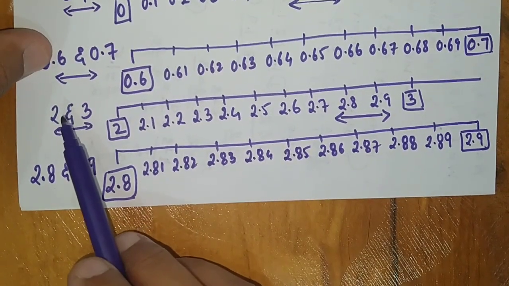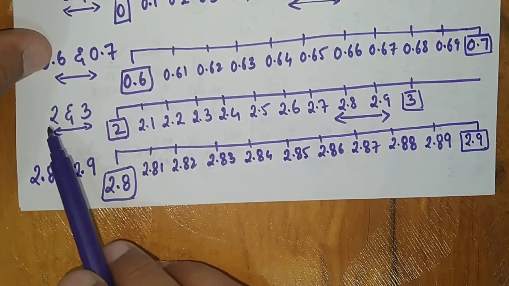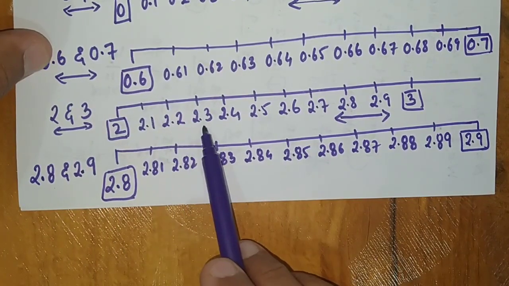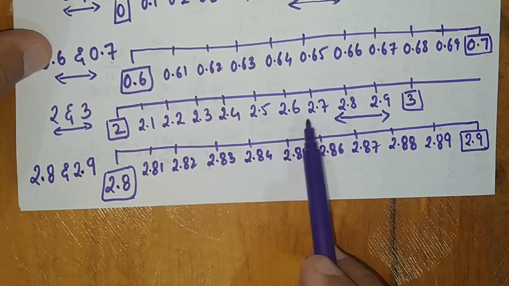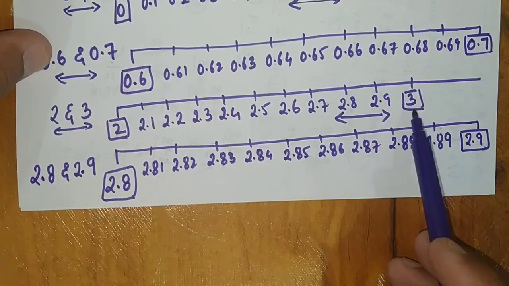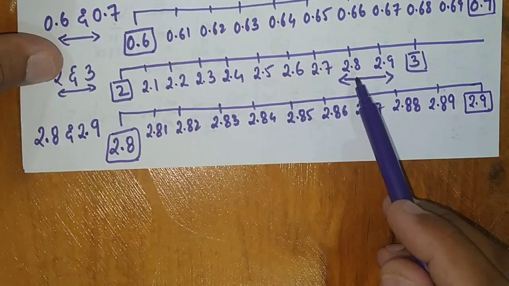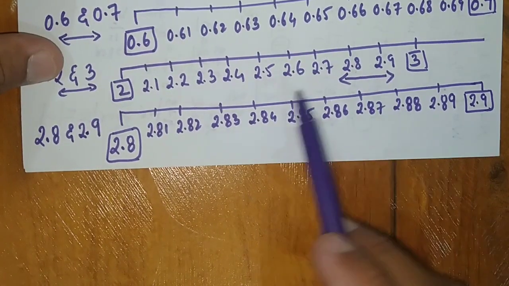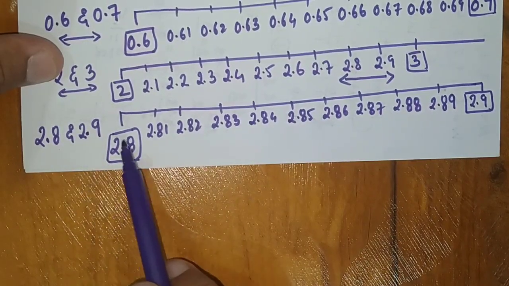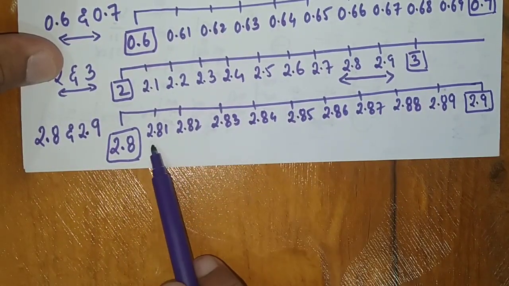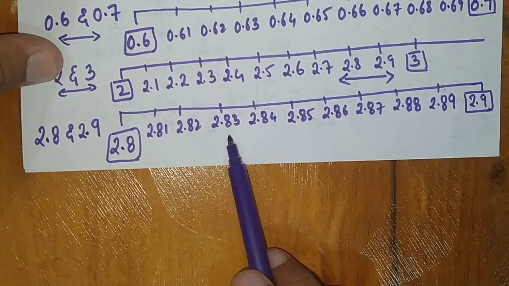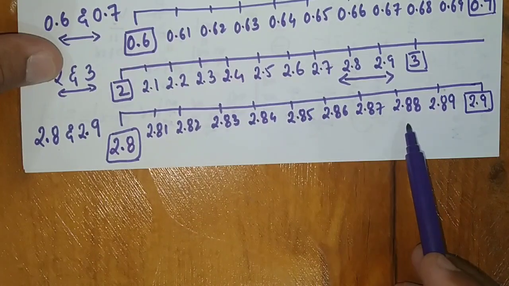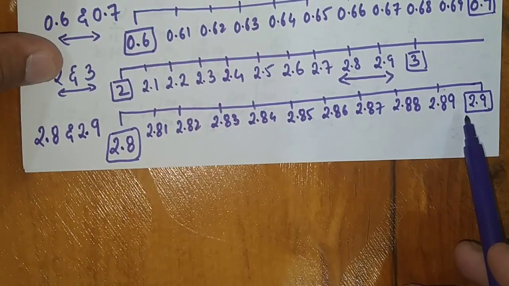If you consider 2 and 3, you need to find 2.1 to 2.9. If you consider 2.8 and 2.9, you will find 2.81 to 2.89.